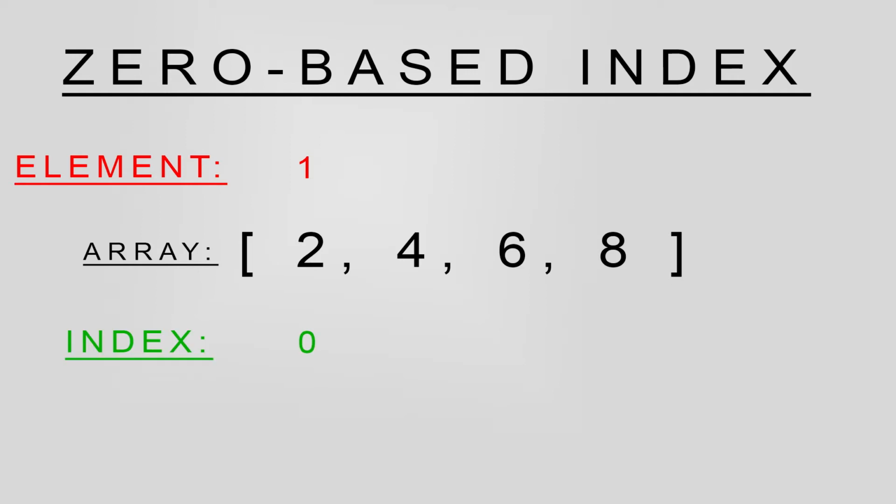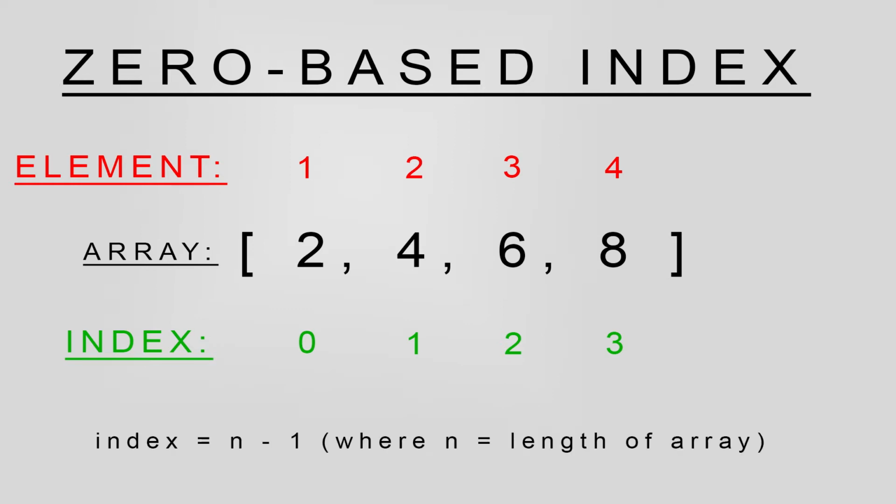However, it has an index of 0. It begins at 0 when we count. So the first element has an index of 0. And this, of course, goes on. The second element has a value of 4 and has an index of 1. So on and so forth. And you can see a simple formula to remember this is that the index is equal to n minus 1, where n equals the length of the array, or the number of elements inside.